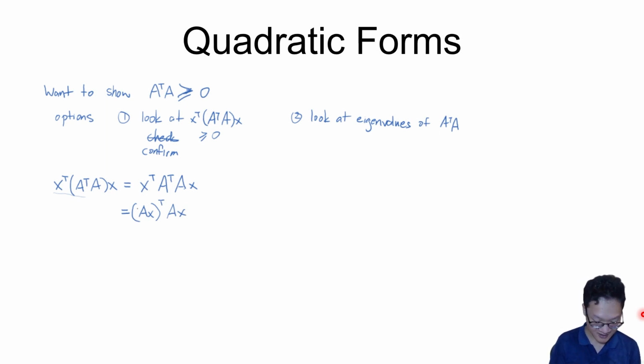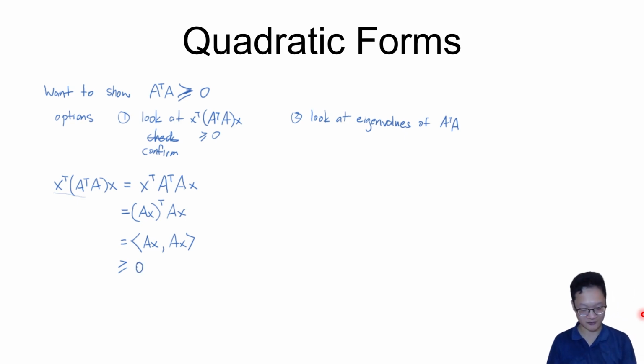This is some vector transpose times some other vector, which means we actually have an inner product of something with itself. And based on the property of inner products, this is always greater than or equal to 0. So this shows that A transpose A is always positive semi-definite.